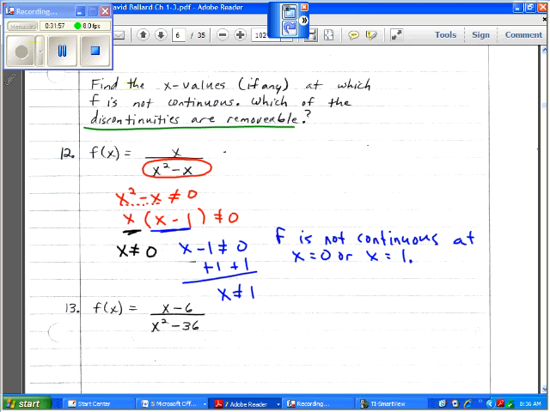But then we want to know which of the discontinuities are removable. And so we're going to create a g function equivalent to the f function in all points but 1 by factoring. Remember that factored into x times x minus 1.